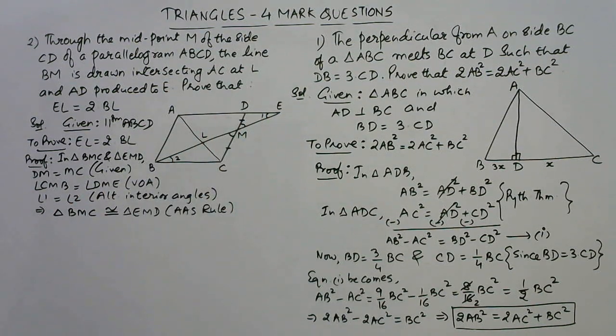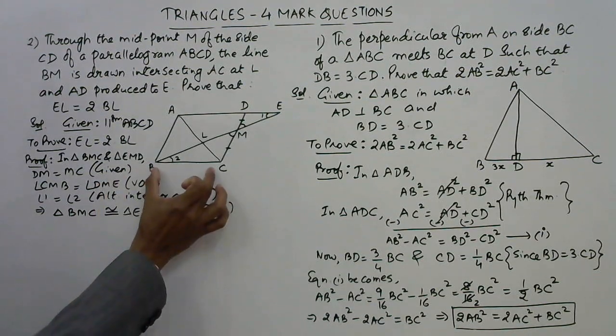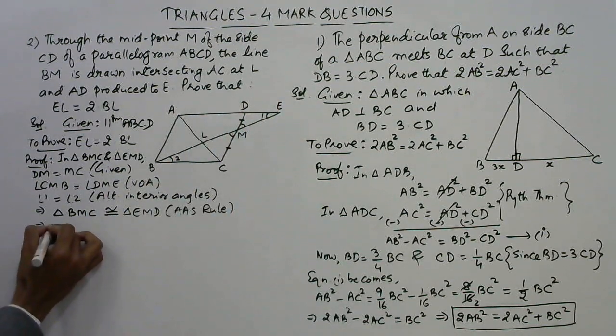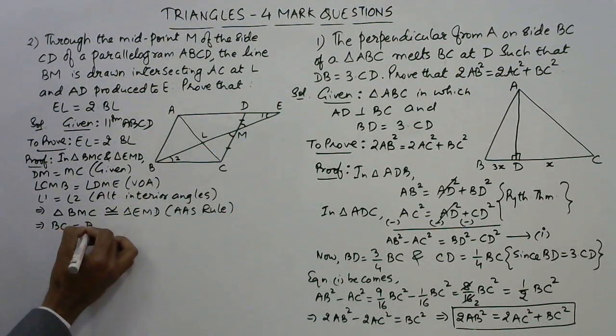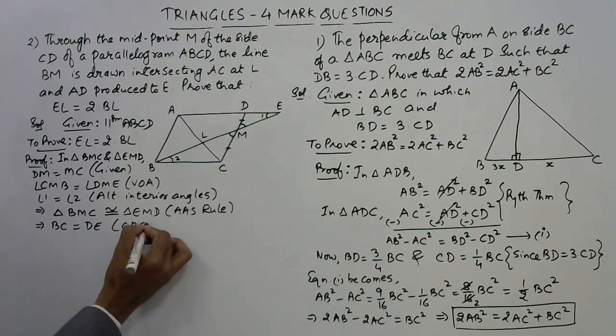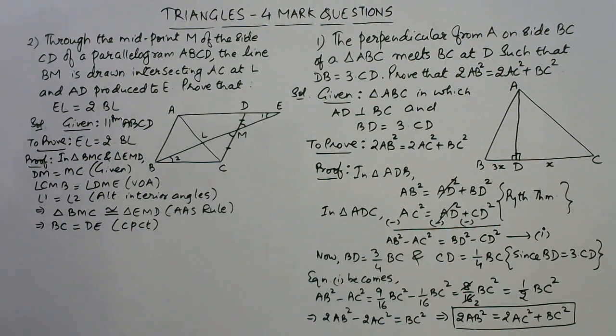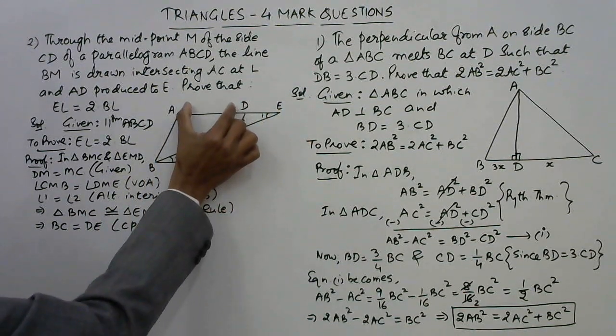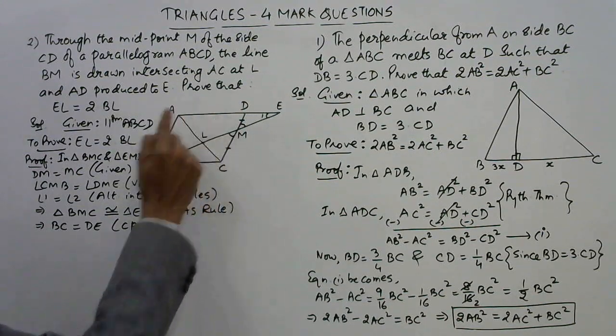We have to prove that BMC and EMD are congruent. Now why have we proved them congruent? We have proved them congruent because we wanted to have this side BC as equal to the side DE. So that gives us the important result that BC is equal to DE by CPCT. Now the proof will be very easy. See, BC is proved equal to DE and BC is also equal to AD. Why? Because they are opposite sides of the parallelogram.